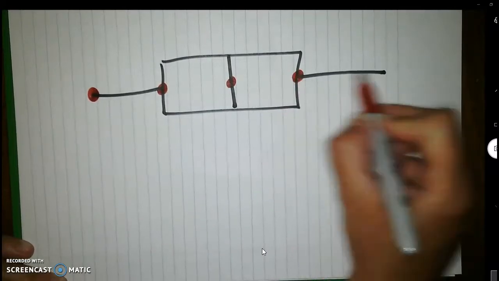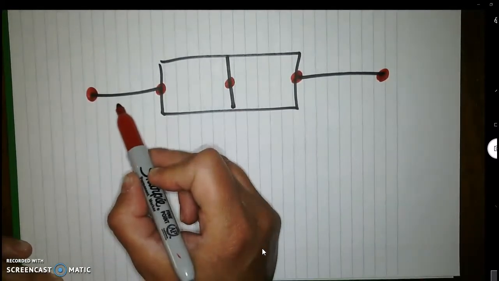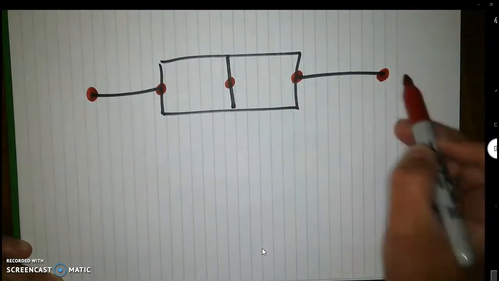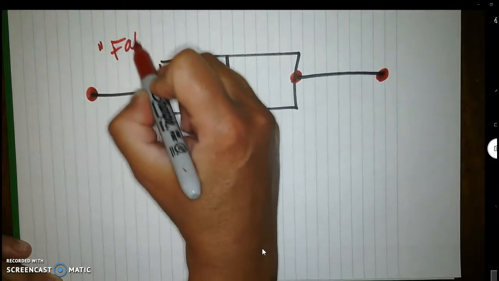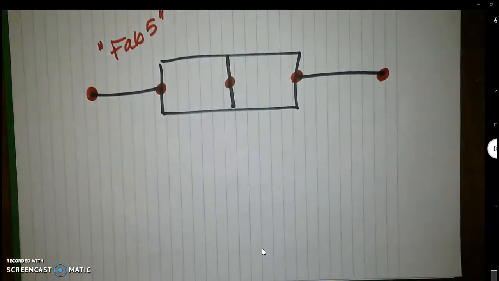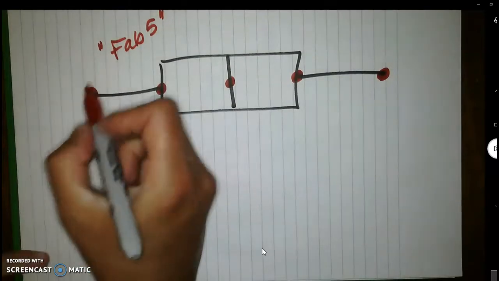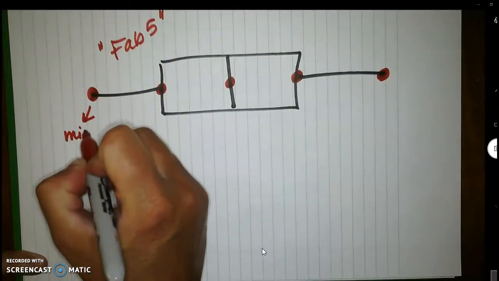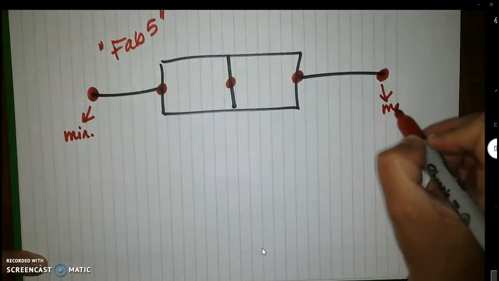So these numbers right here, notice I just put 5 red dots. That is what I like to call our Fab 5. Okay, those are the 5 special numbers. Now, this number is your minimum, and this number is your maximum.